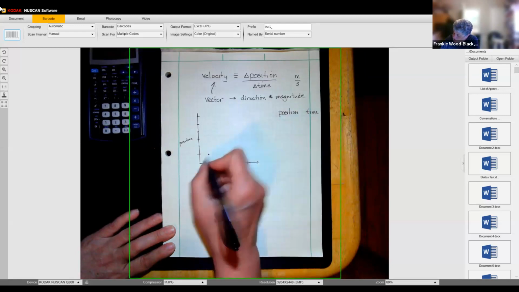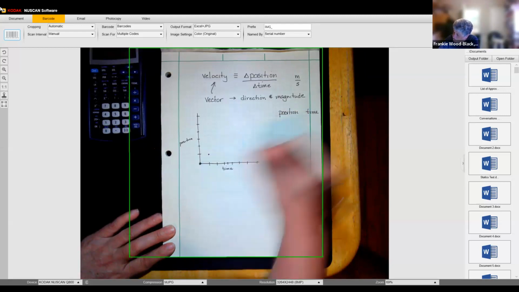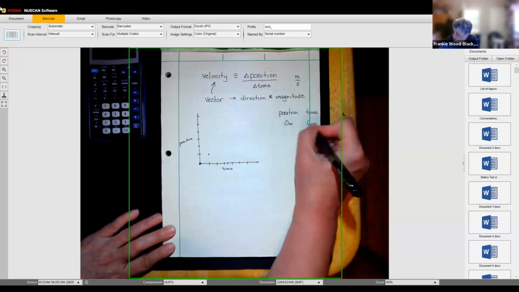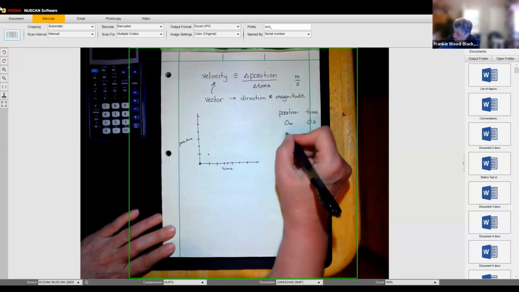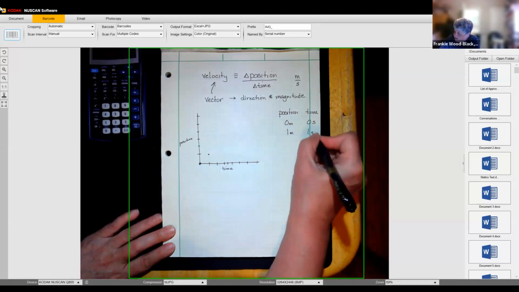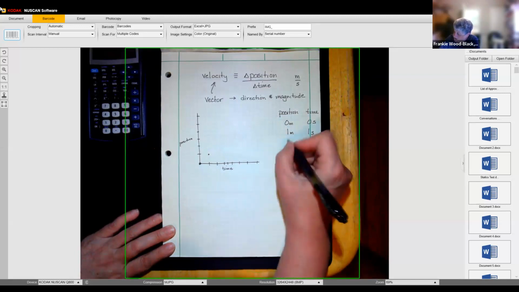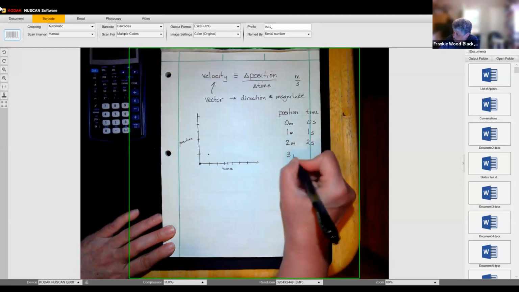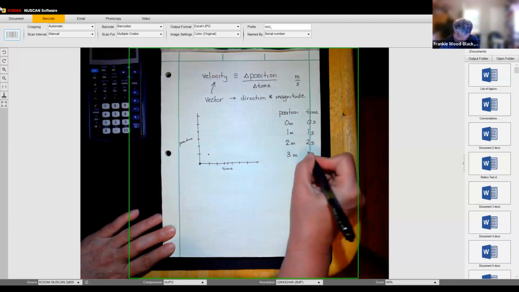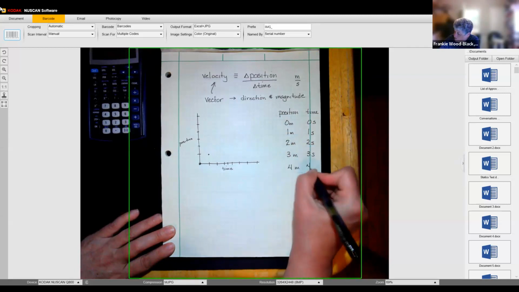So my initial position at 0 meters, I'm at 0 seconds. At 1 meter, I'm at 1 second. At 2 meters, I'm at 2 seconds. 3 meters, I'm at 3 seconds. 4 meters, I'm at 4 seconds.